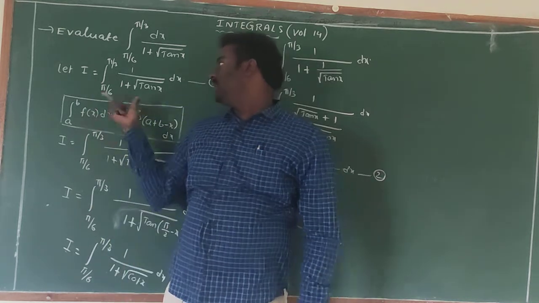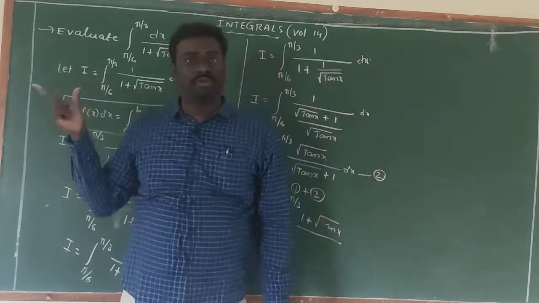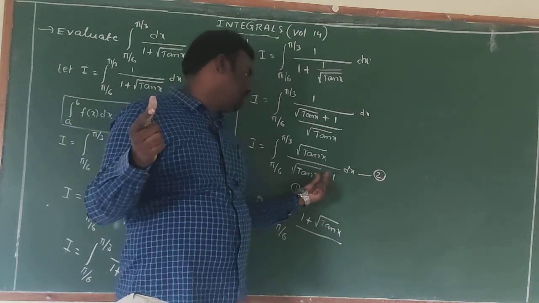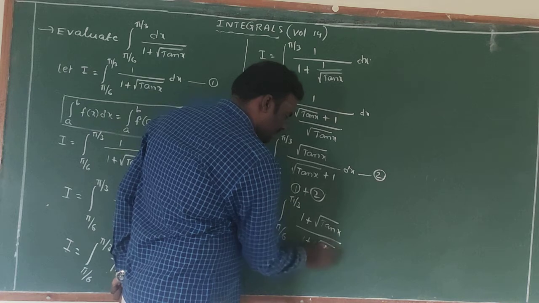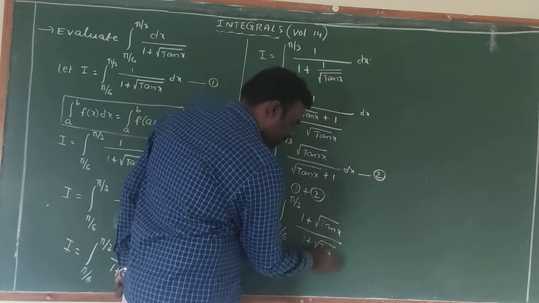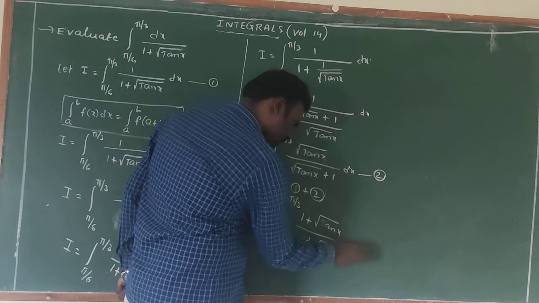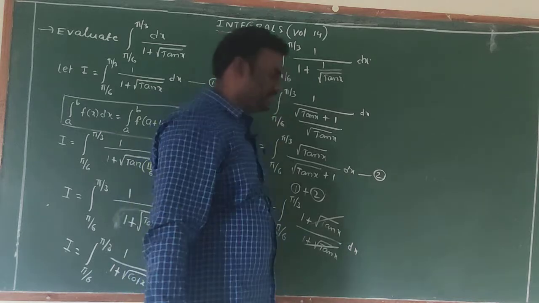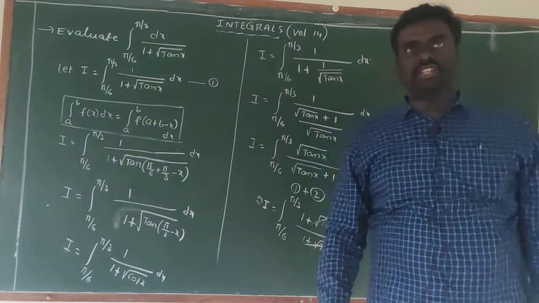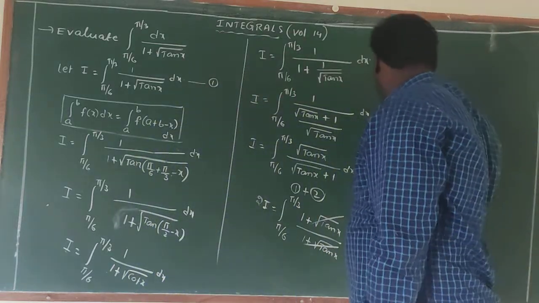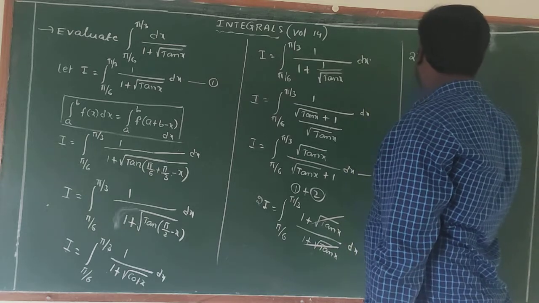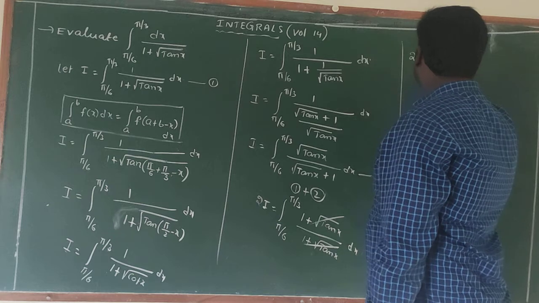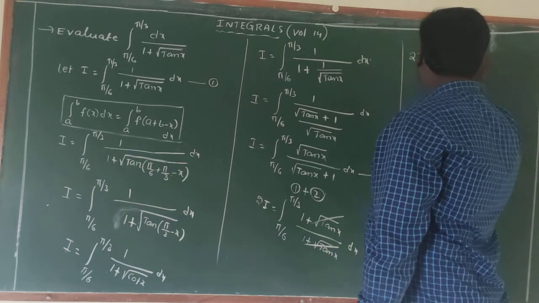In equation 1, what is the denominator? 1 plus root tan x. Here also 1 plus root tan x. Now both get cancelled. After cancelling these two, what do we get? 1 is remaining. Then 2I equals integral pi by 6 to pi by 3 of 1 dx.